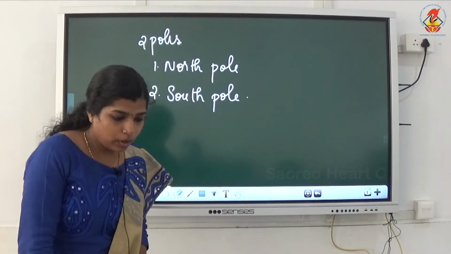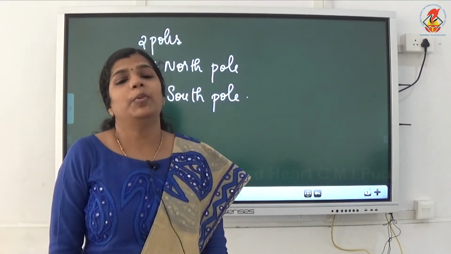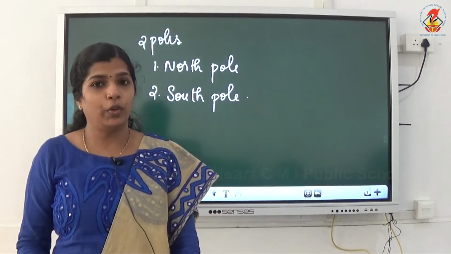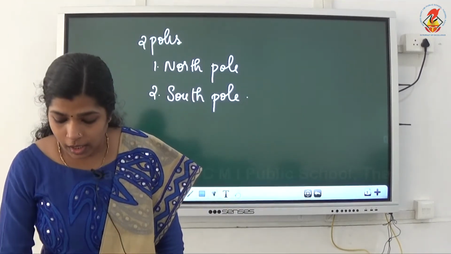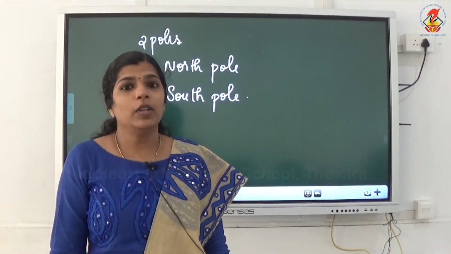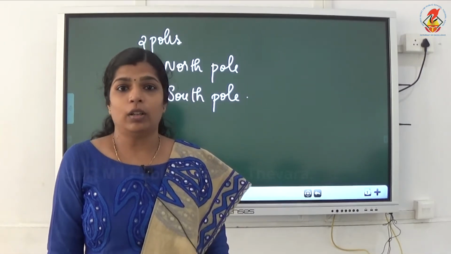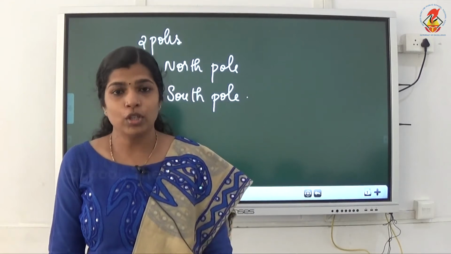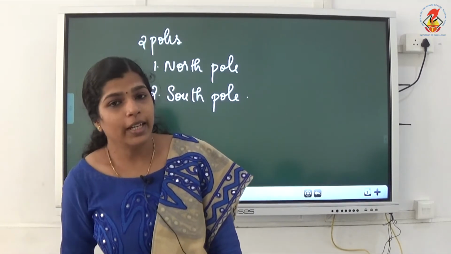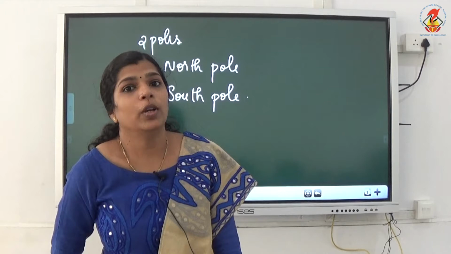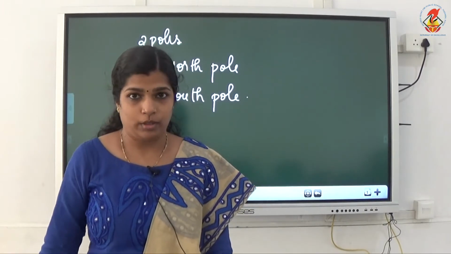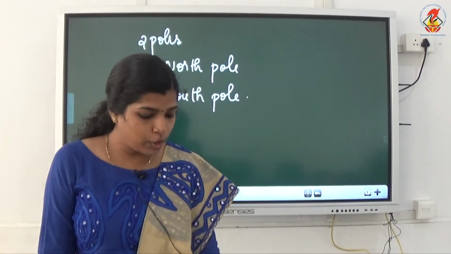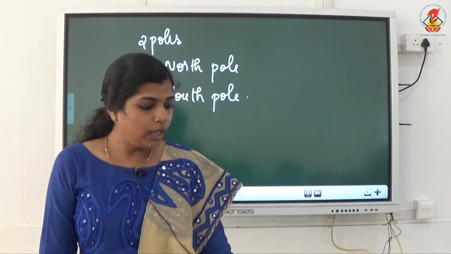North pole means, when you suspend a magnet freely, the magnet will align in the north-south direction. The side of the magnet which points to the north is the north pole.